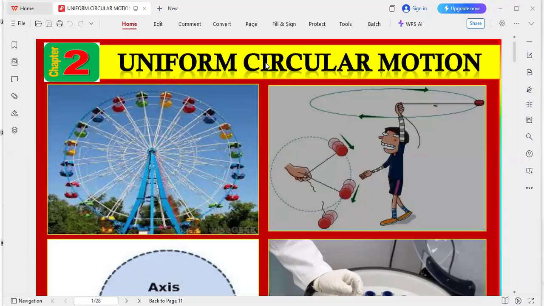Let's hear from 399, Hura. Okay, I was asking, when you rotate a bucket or something in a horizontal manner, is the tension uniform?